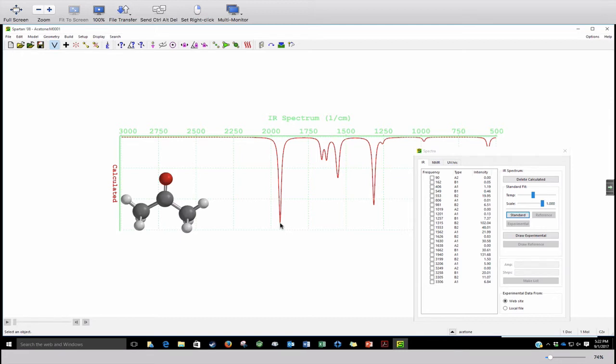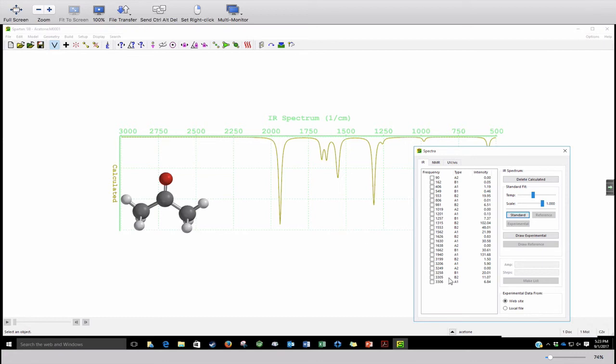There we go. That is what that particular carbonyl stretch looks like. And what you can see is that the carbon-oxygen double bond is stretching, and that actually changes the dipole moment of the molecule. Okay, now I've got this table over here. I can turn on and turn off any type of stretch that I want.